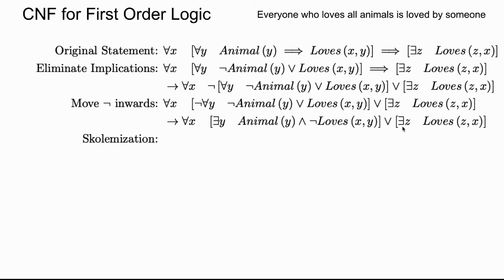Okay, so now if you apply Skolemization in a naive way, what you will do is that wherever you have y, you will replace that by some object a, and wherever you have z, you will replace that by some object b. But this is actually wrong, because what it says is that for all x, if this statement is true where a is some animal, then this part is loves b comma x.